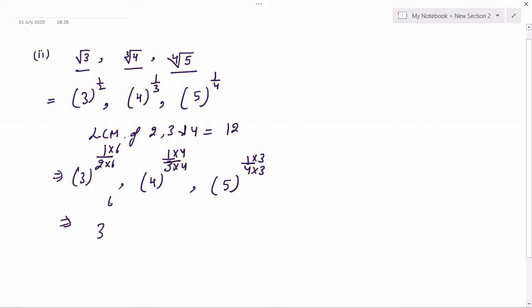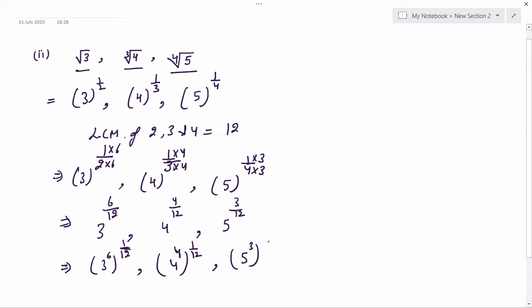Now this is 3 raised to power 6 by 12, this is 4 raised to power 4 by 12 and this is 5 raised to power 3 by 12, right? Now you can write in short in this way: 3 raised to power 6, whole to the power 1 by 12, this is 4 raised to power 4, whole to the power 1 by 12, and 5 raised to power 3, whole to the power 1 by 12. Right?